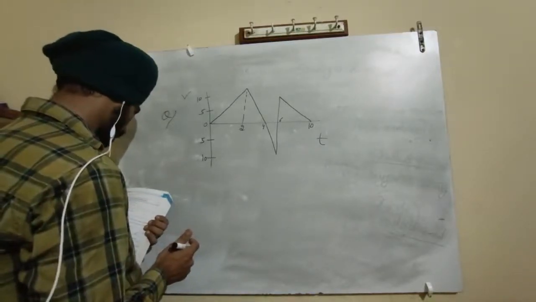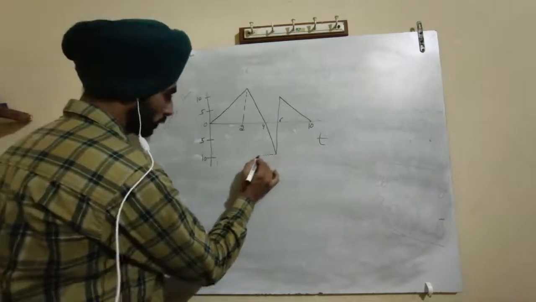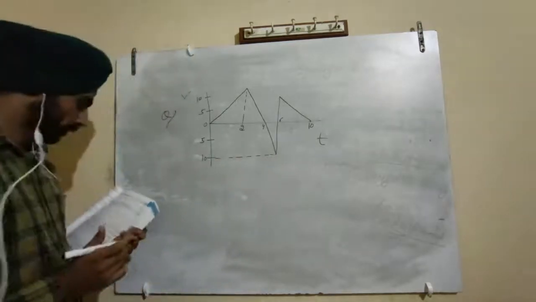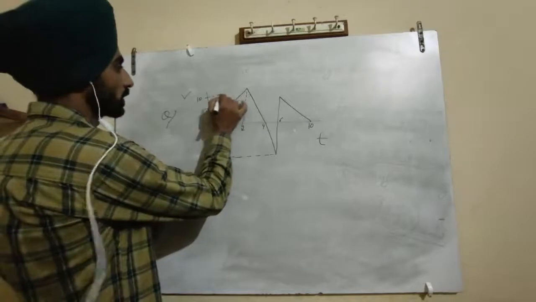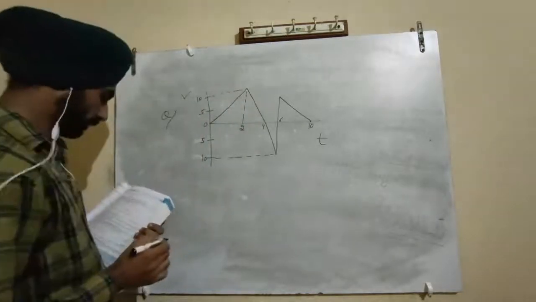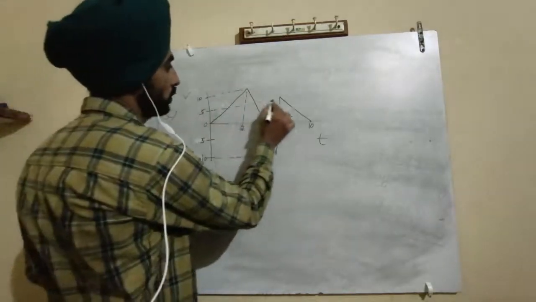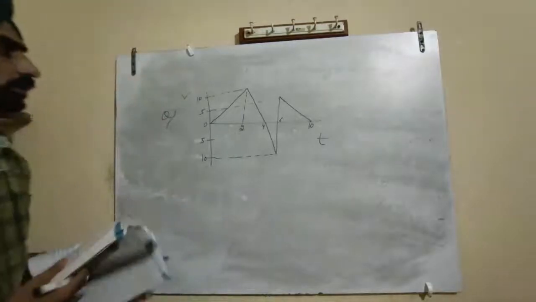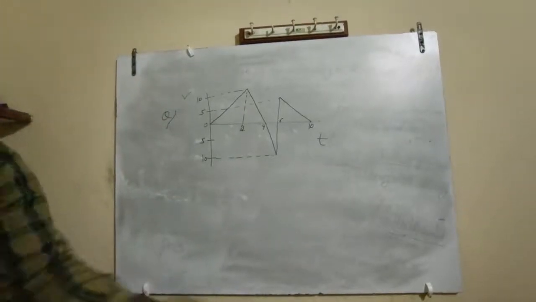So this value is equal to 10, and this value is also equal to 10, and this value is equal to 5. So what is the area covered under this VT graph?